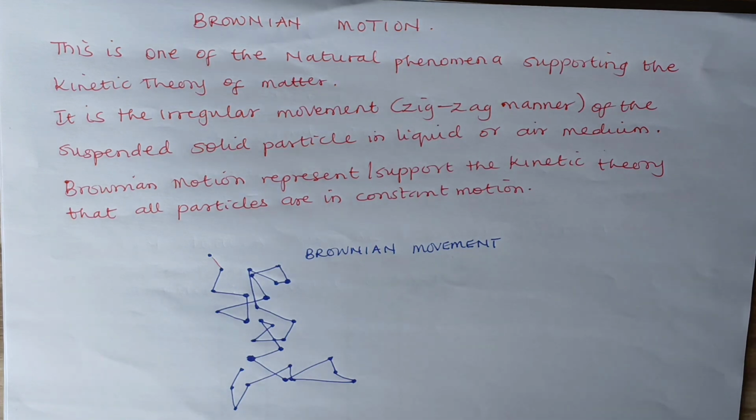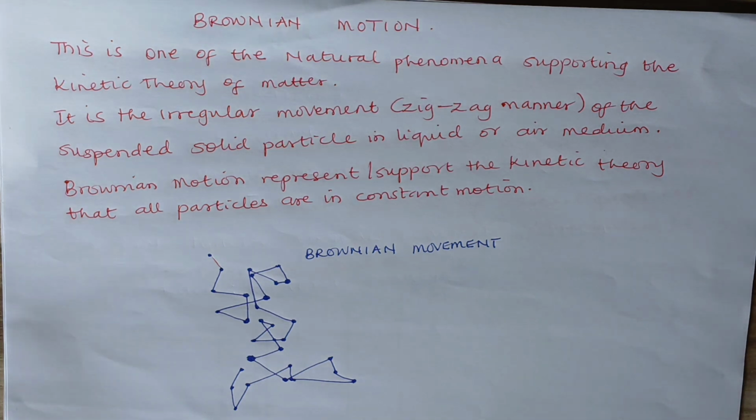Another example to support Brownian motion is when we sweep dust around us, or dust our furniture, and we see dust particles being suspended. These dust particles are solids, and they are suspended in the air.